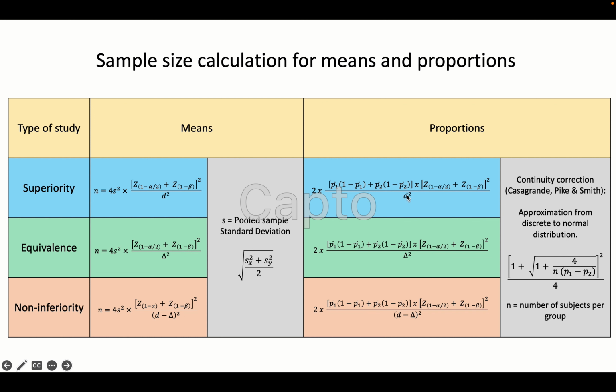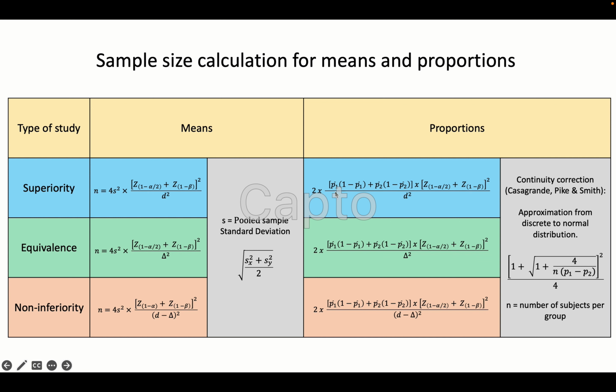The only difference between means and proportions in sample size calculation is the estimation of the standard deviation, which in the case of proportions is given by the proportion of group X times 1 minus that proportion, plus the proportion of group Y times 1 minus that quantity.